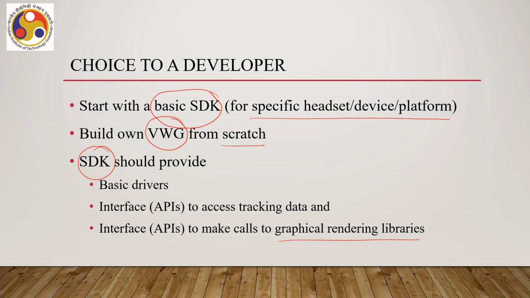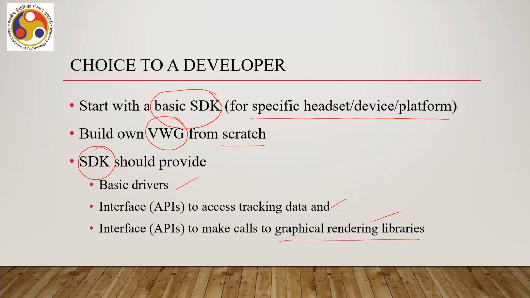But these are some of the components. So, when we say that basic drivers and trackers are there, then it takes care of some aspects of a VWG. Rendering takes care of some other aspects of a VWG, but higher level aspects are not taken care of.